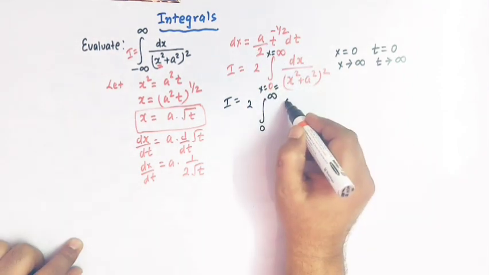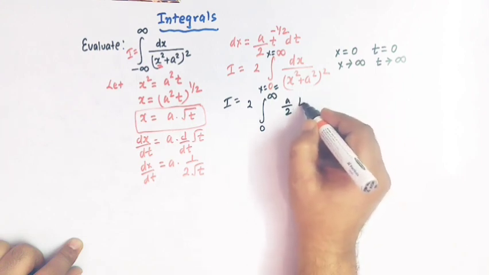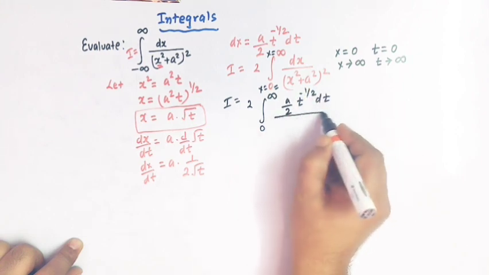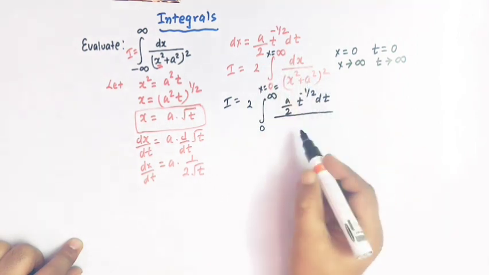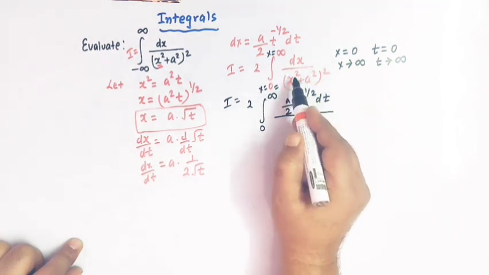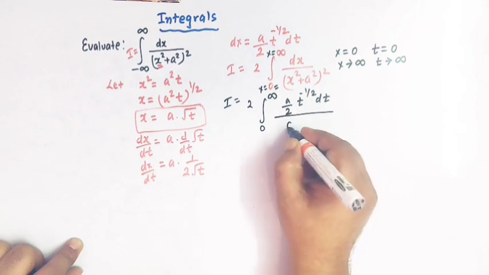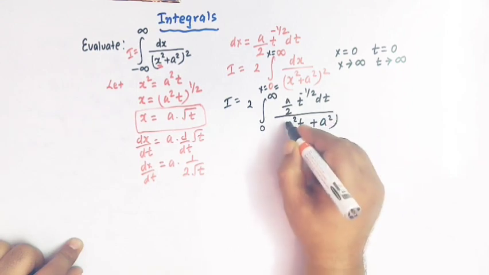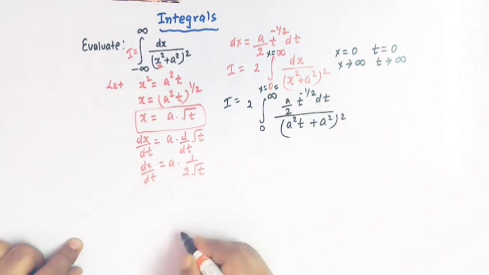Dx can be replaced by a by 2 times t raised to minus half dt, and in the denominator x square can be replaced by a square t plus a square, whole square.